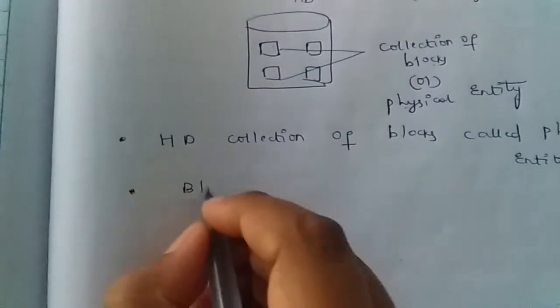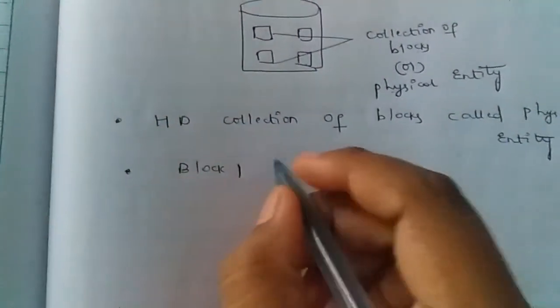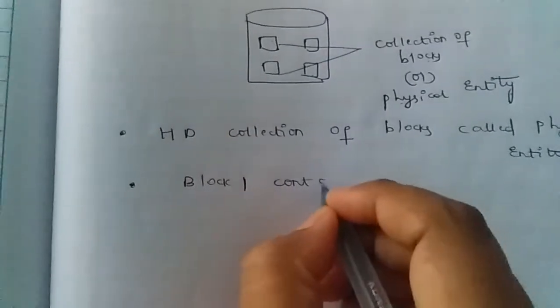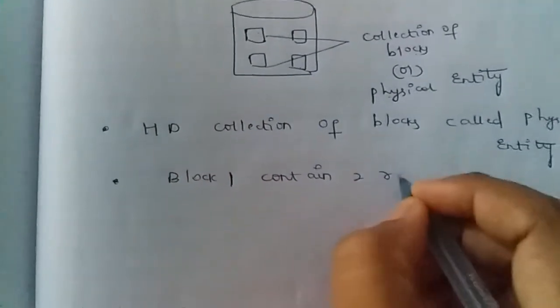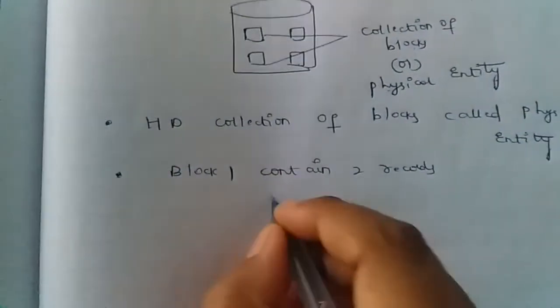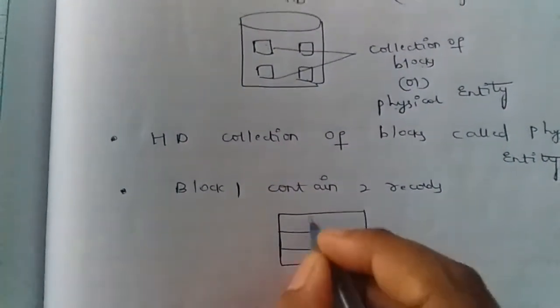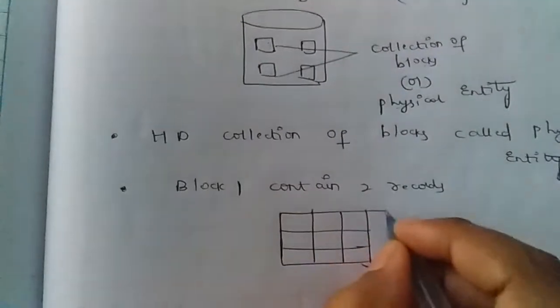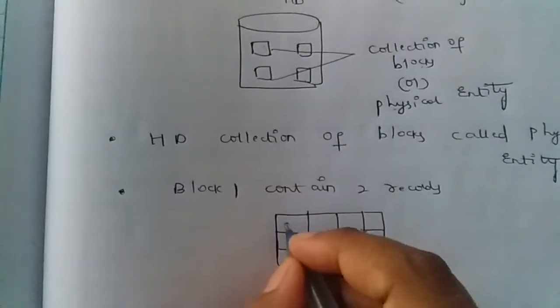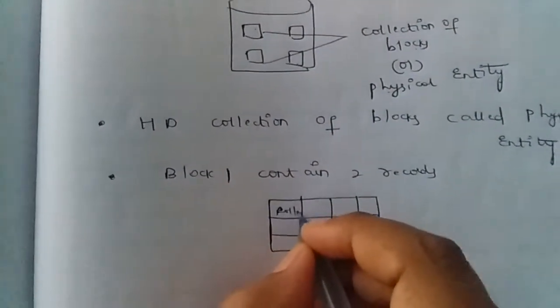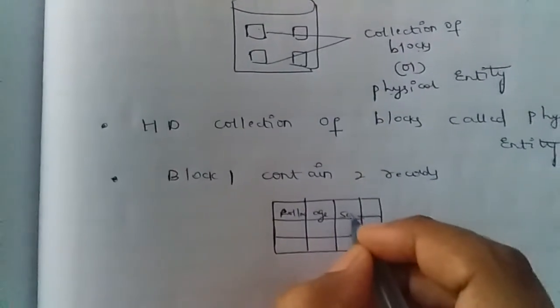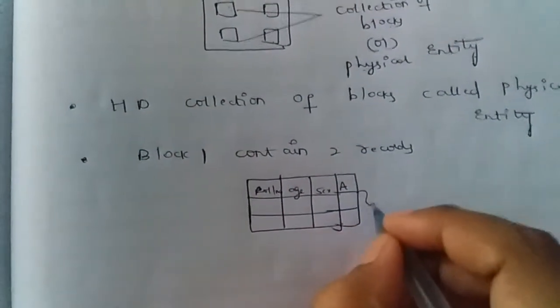Next, block 1 contains 2 records, like roll number, age, sex, address. Block 1 contains two records.